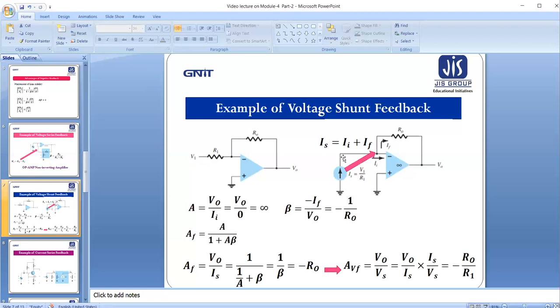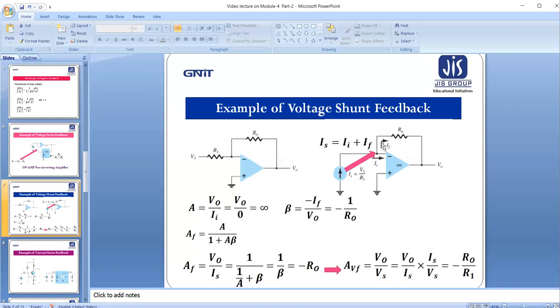Now this IS is connected to the negative terminal, from which a resistor R0 is connected to V0. So what happens? This IS will send two different currents at this node. One current is going inside the op-amp, another current is going outside through the feedback path, and it will develop the output V0.